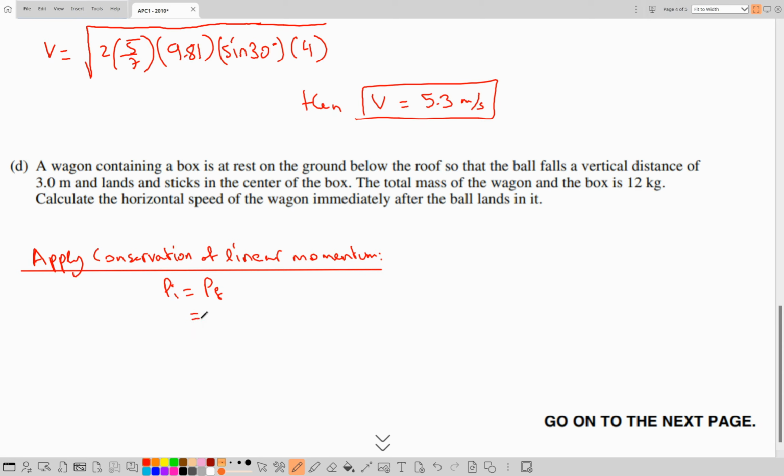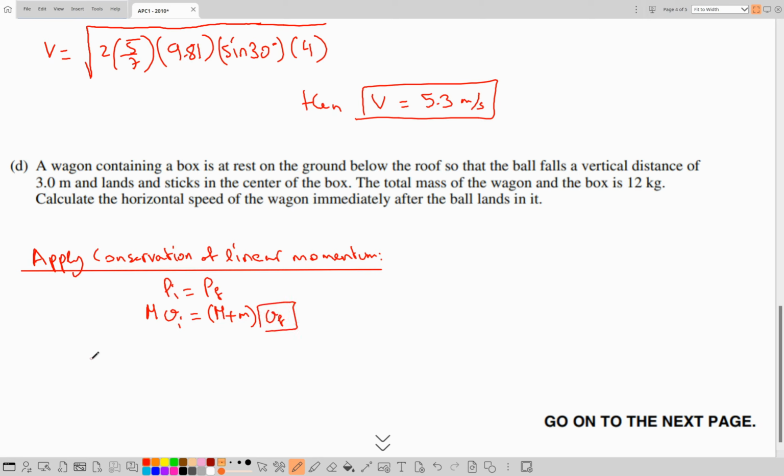Now initially only the sphere possesses momentum, so that would be the mass of the sphere multiplied by the velocity initial, and P final would be the combined mass, which is M plus m, multiplied by the velocity that we're interested in calculating, let me say vf.